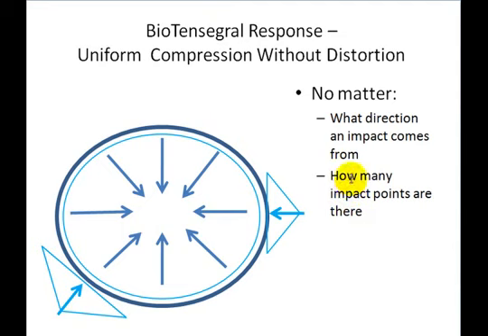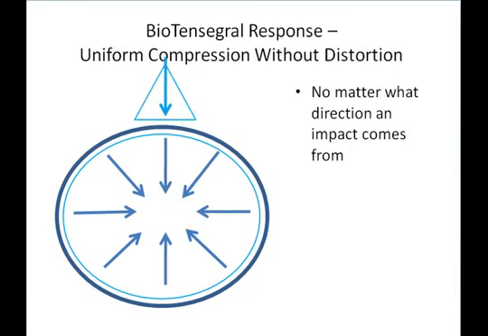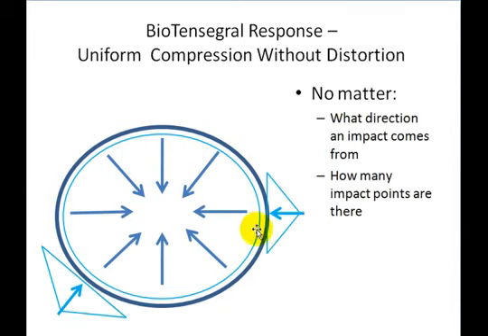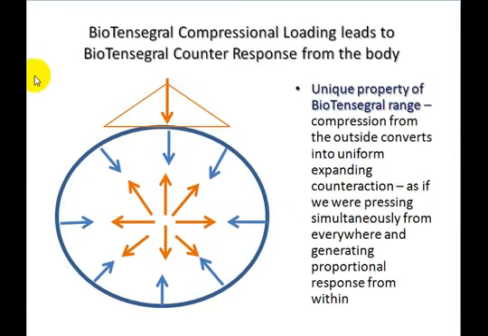It doesn't matter how many impact points there are, whether it's a single impact point, a single impact point that comes at an angle, or multiple impact points. The product is always the same: a unified, volumetric, uniform response. And with this, we come to this central point.